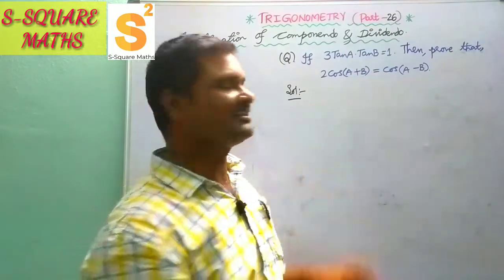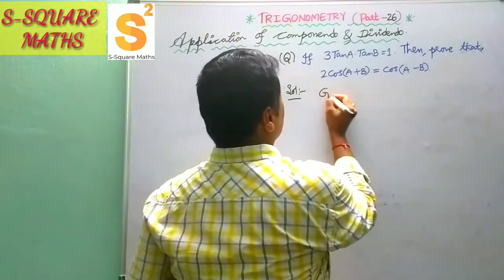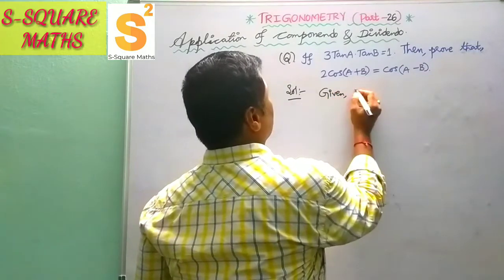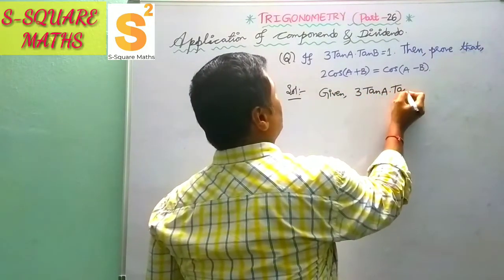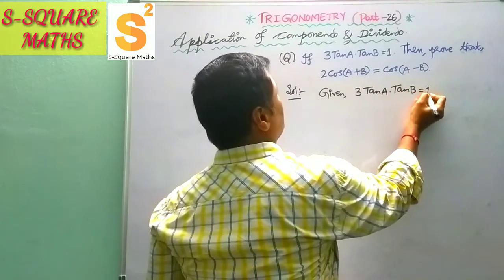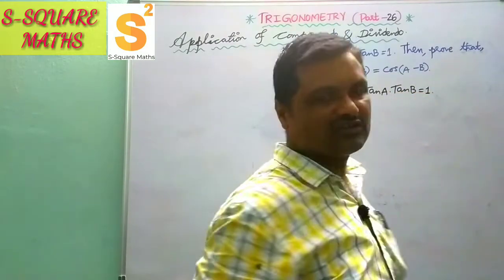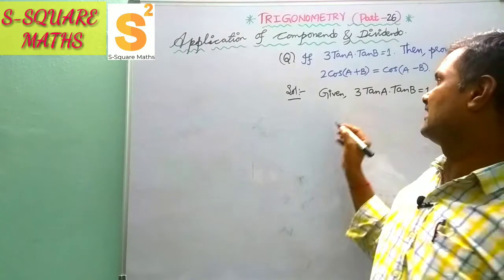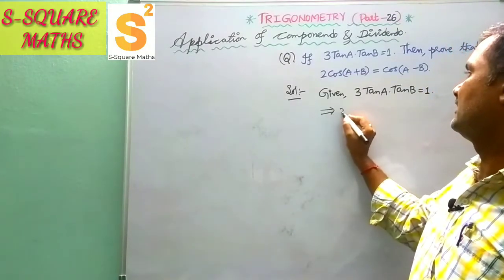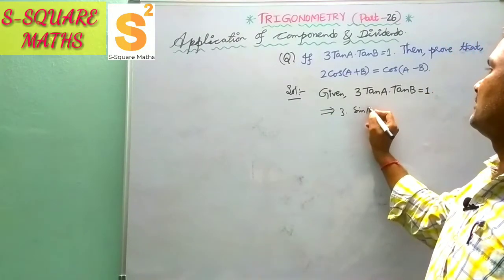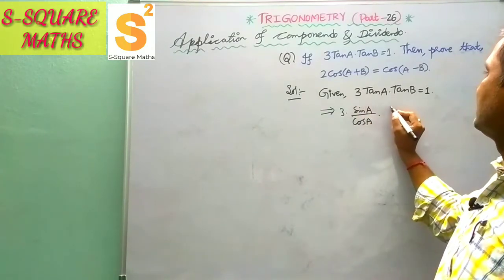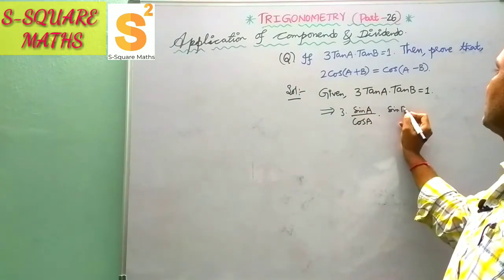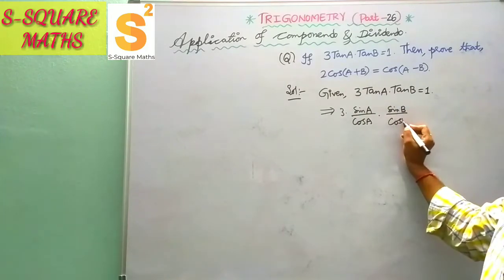So let us consider now. What is the given part? 3 tan A into tan B is equal to 1. By the quotient formula of trigonometry, I can write the ratio: 3 into tan A is sin A by cos A, and tan B is sin B by cos B, is equal to 1.